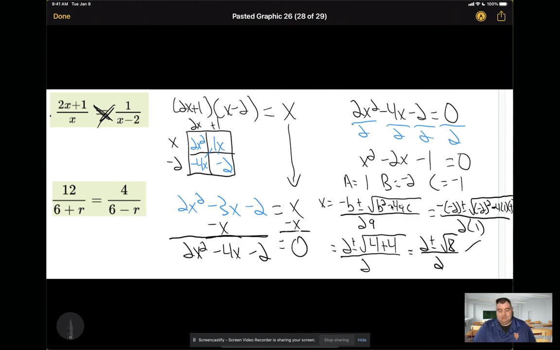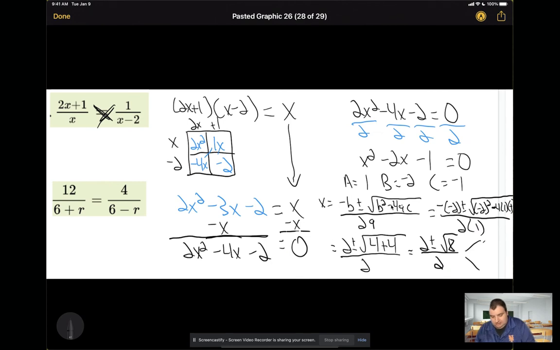In this case, 8 is not a perfect square, so I know the answer is going to be a decimal. So I'm going to go on my calculator, and I'm going to use Desmos on my phone. So I'm going to do 2 plus square root of 8, divided by 2.